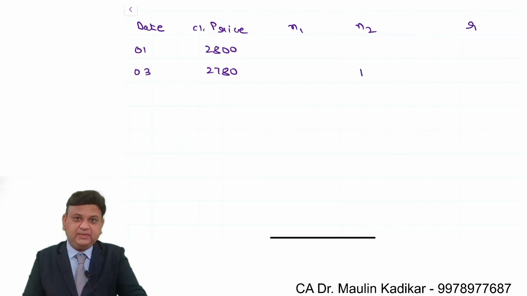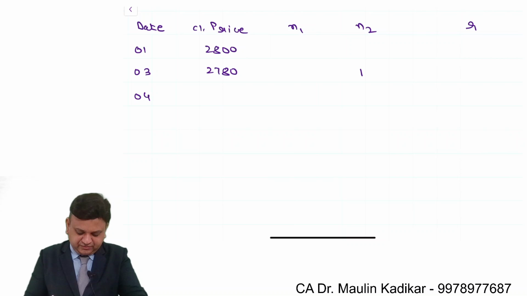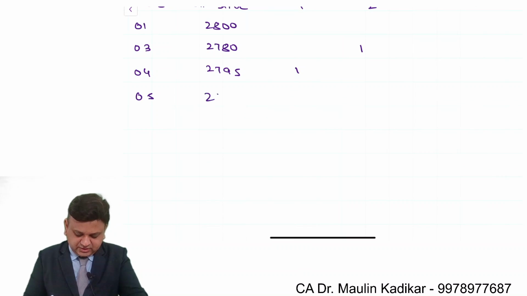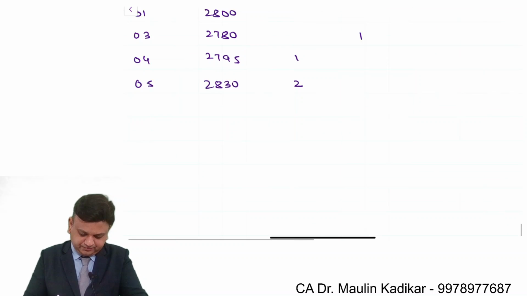So in N2 I am writing 1. 4th, the closing price is 2795. So the price increases. So in that case I am writing 1 in N1 column. Then on 5th, the price is 2830. Price increases further, so 2.